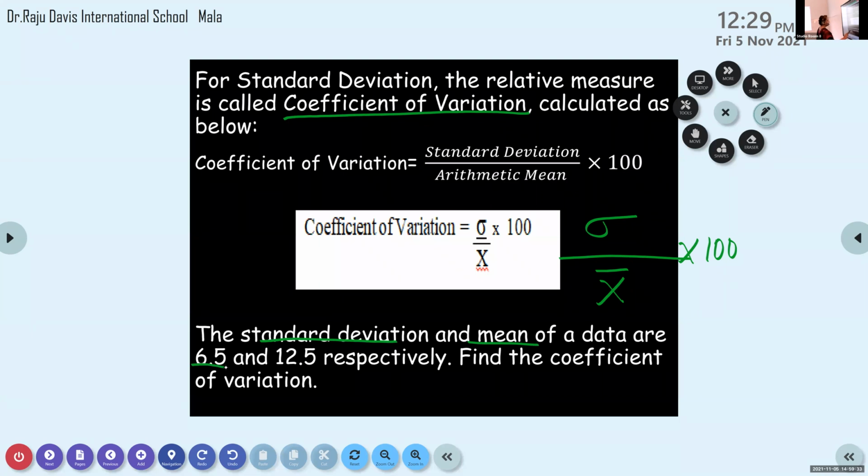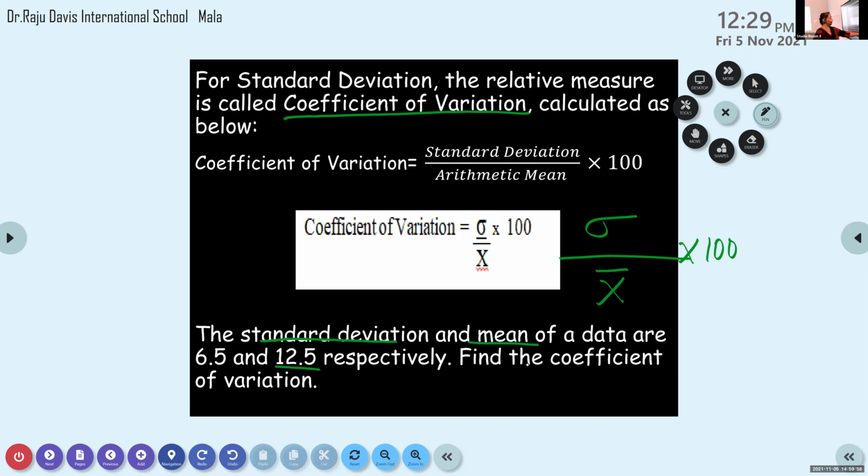This is standard deviation, this is mean. Find the coefficient of variation. Apply this in the formula. What is the formula given? Sigma divided by x bar into 100. That means standard deviation divided by arithmetic mean into 100.